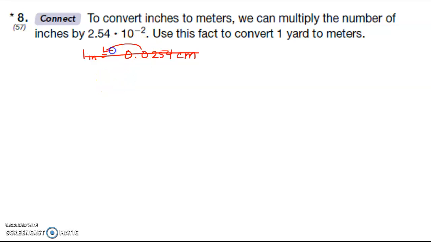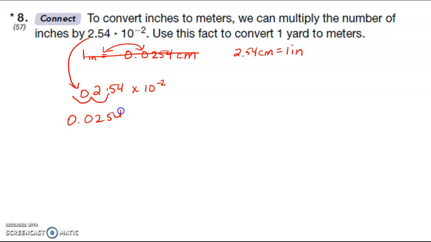It's flipped. My bad. The way that I know the conversion is it's 2.54 centimeters to 1 inch. I'm not exactly sure why they want you to use this. So it's 2.54 times 10 to the negative 2, which would mean you move this 1 and then 2, so you have 0.0254. We can multiply the number of inches by that to get centimeters.